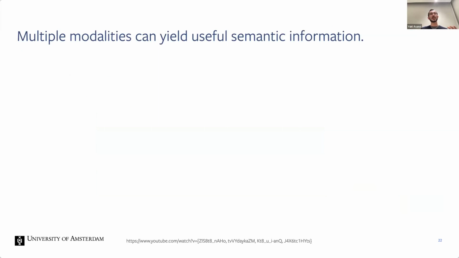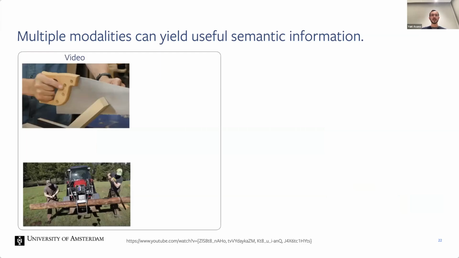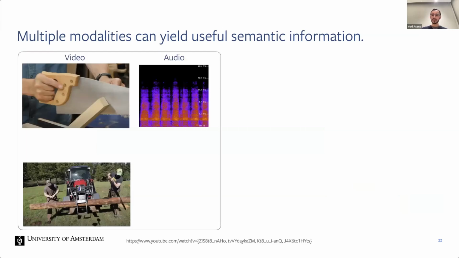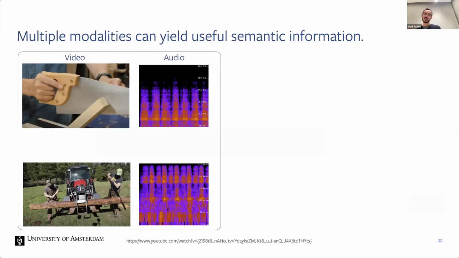And then you can also take the same method and use it for multimodal learning. For example, if you have a video like this with a sound, you hear this sound, two times the sawing sound. The images might look very, very different, but the sounds are almost the same.